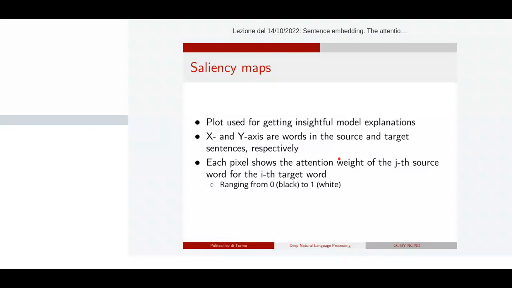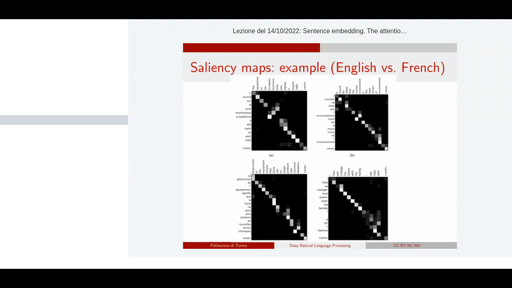Each pixel, so each cell of the matrix, indicates the value of the attention score. So you can color it in a saliency map as black for 0 and white for 1. So of course, white cells indicate which are the items that maximize the similarity, like here.